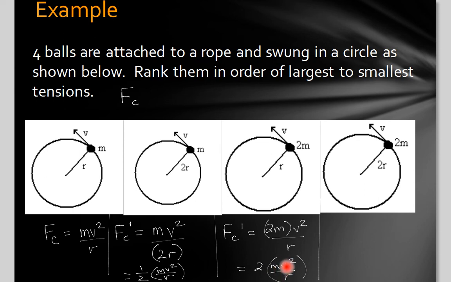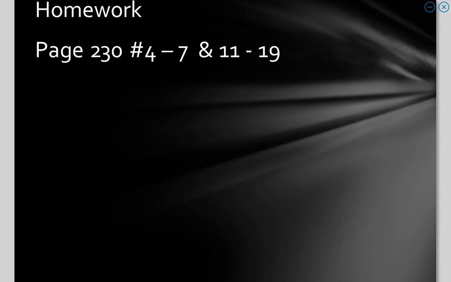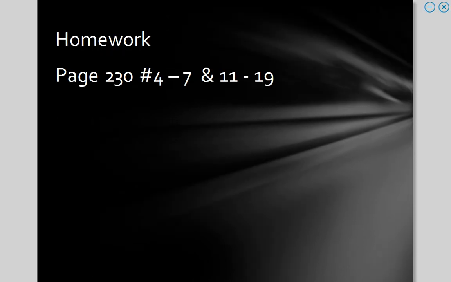So this will be double the original force. I hope this makes sense: if you have a larger mass, you're going to need twice the force to supply the same radial path. I'll leave this last one for you guys. And here's the homework for section 2.